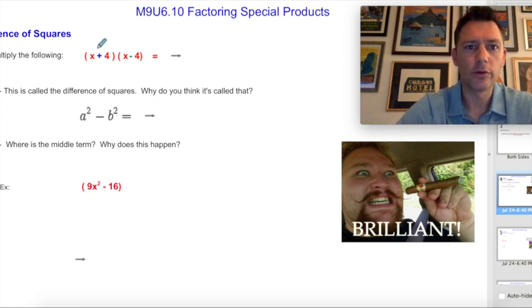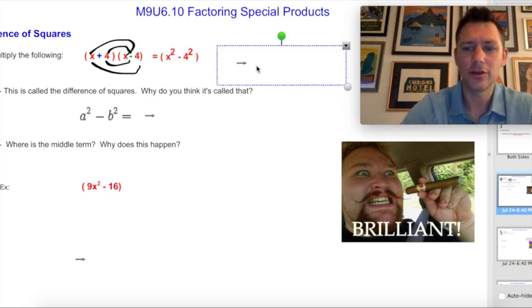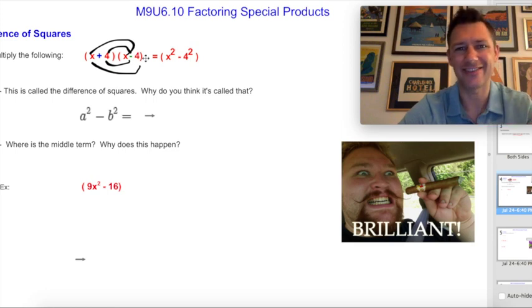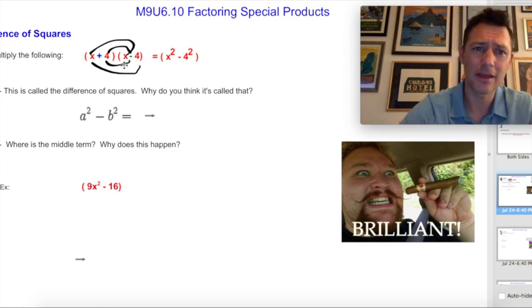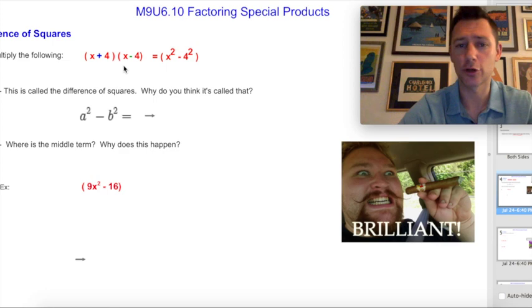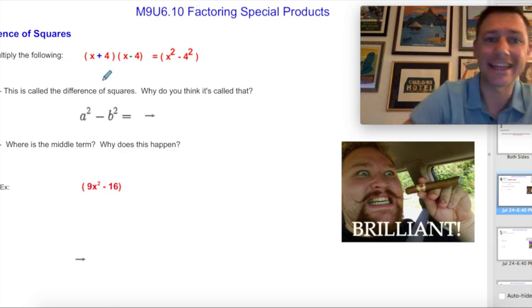All right, when you FOIL this out, you get x squared, negative 4x, positive 4x, and negative 16. When you clean that up, the positive 4x and the negative 4x cancel each other out. They're the same term, but with opposite signs.